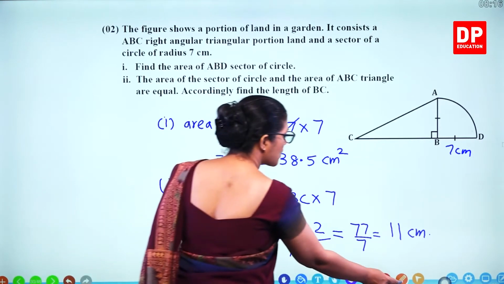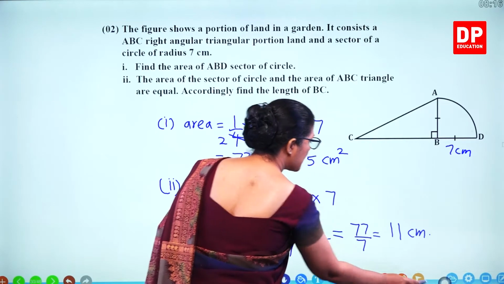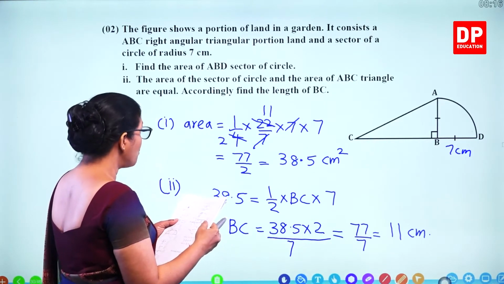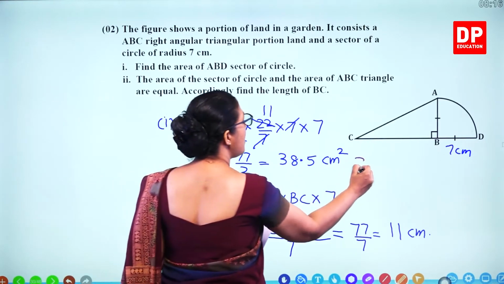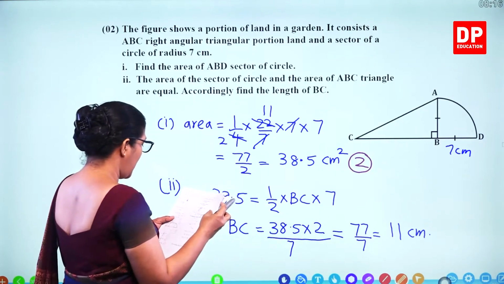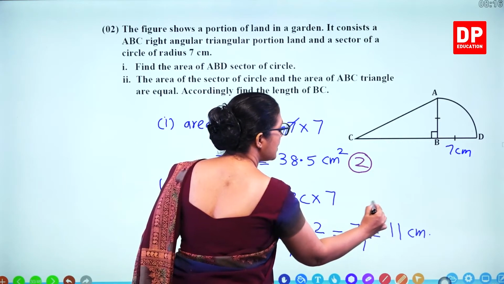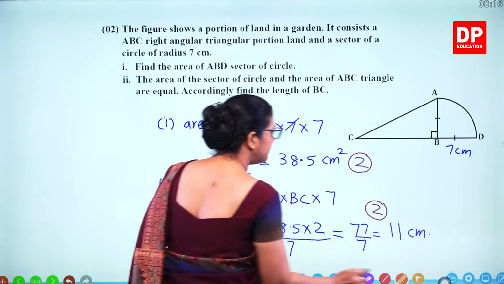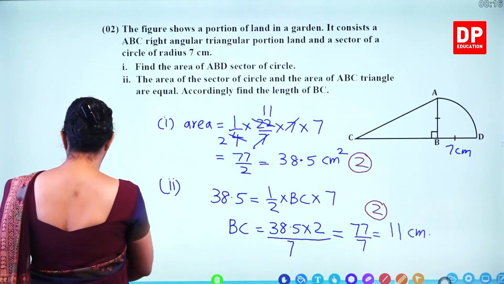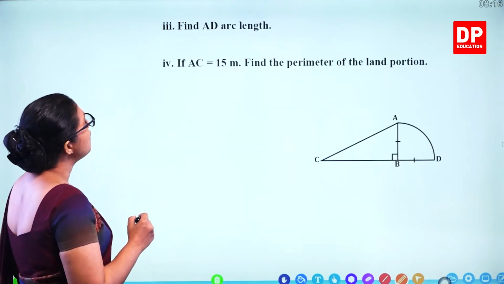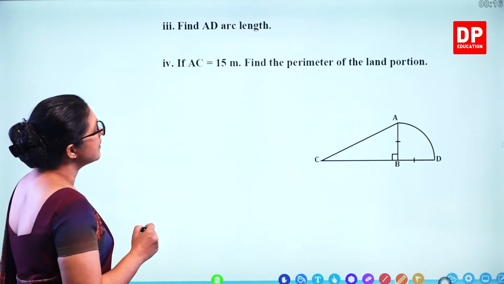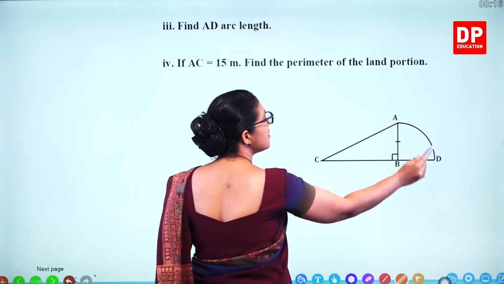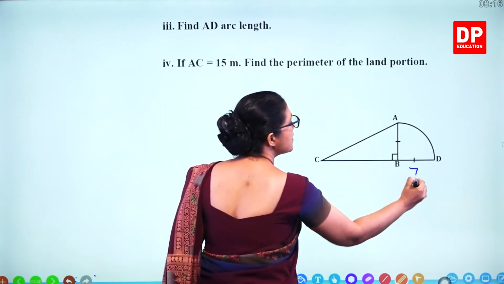So how many marks for these 2 steps? So you get 2 marks for the area and 2 marks for finding the BC length. Part 3, find ADB arc length. This one. So 7 is here.